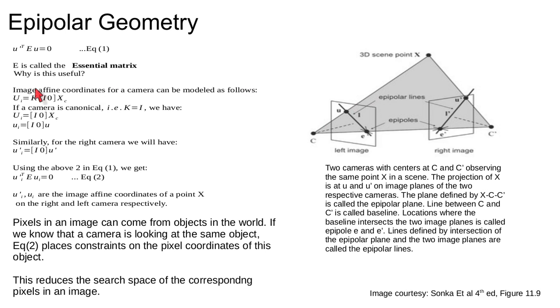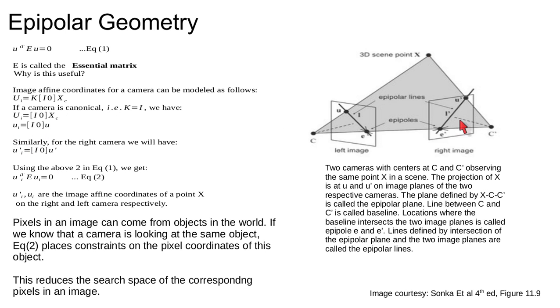Now the image affine coordinates of the camera can be modeled as follows: ui is equal to k I 0 xc. In the case of a canonical matrix, the intrinsic parameters k can be replaced by an identity matrix. Therefore, we have ui is equal to the identity matrix, the 0 matrix, multiplied by xc, and this can further be written in the case of this set of points as ui is equal to identity 0 u.